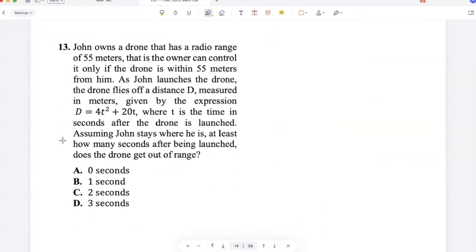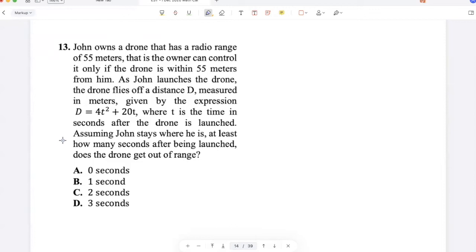John owns a drone that has a radio range of 55 meters. That is, the owner can control it only if the drone is within 55 meters from him. As John launches, the drone flies off a distance d measured in meters, given by this expression, where t is the time in seconds after the drone is launched. Assuming John stays where he is, at least how many seconds after being launched does the drone get out of range?